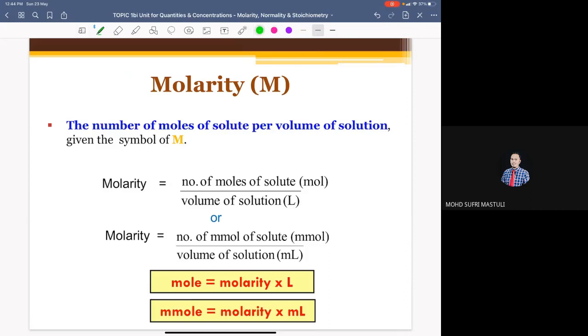So molarity is mole per liter. Of course, you can also calculate molarity in millimole per milliliter. From the molarity itself, you can calculate the mole or the millimole. But the most important point is to remember this formula: molarity is mole per liter.